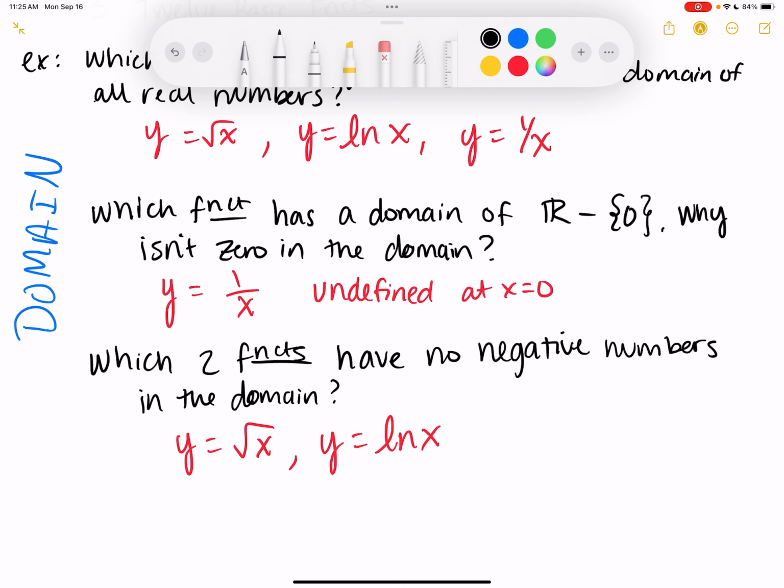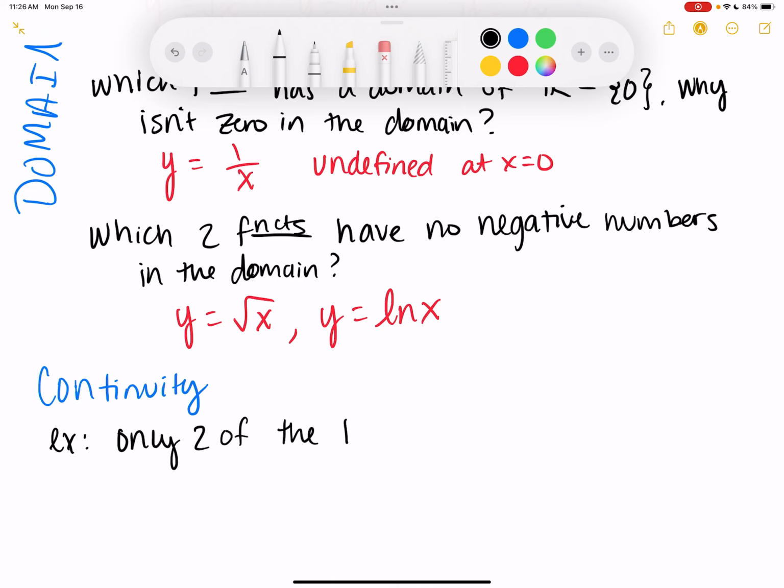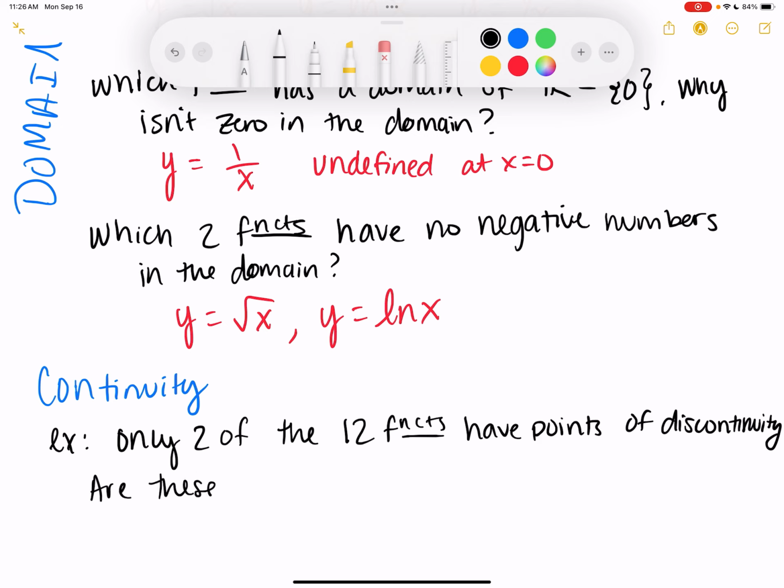This next one is going to be dealing with continuity. Only 2 of the 12 functions have points of discontinuity. Are these points in the domain of the function?